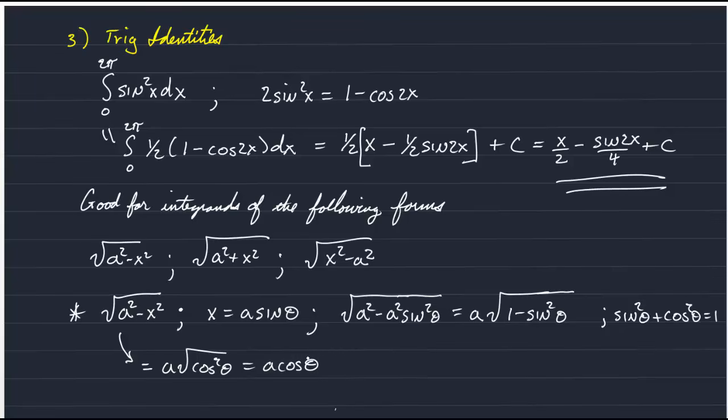So let's consider the second form, which is the square root of a squared plus x squared. And we can make the substitution that x is equal to a tangent theta, in which case we get a times the square root of 1 plus tangent squared theta.